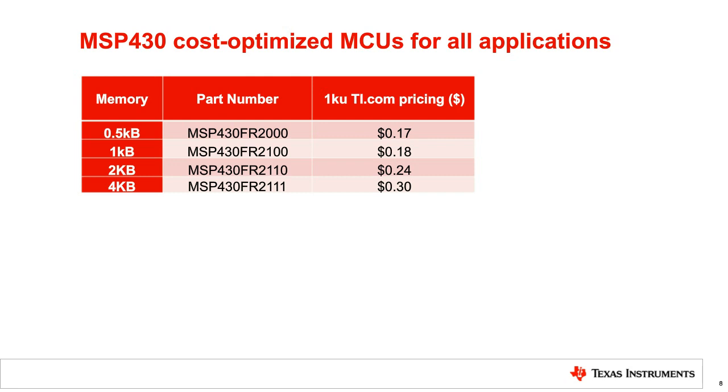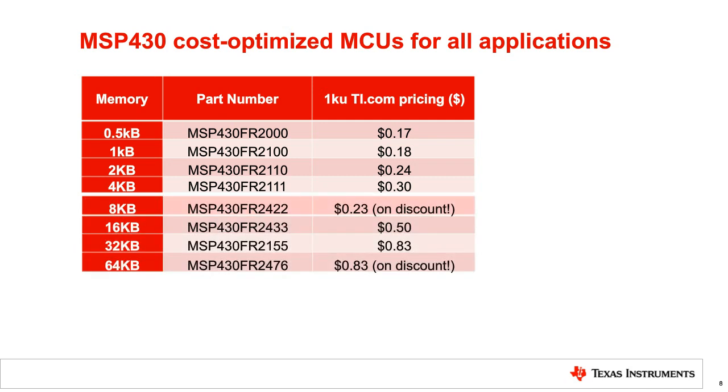But purely from what you can go and buy today, these are the kind of price points that you're looking at. And then say you needed to implement a few more functions, like in our previous example, where we identified an 8K part. These devices, again, are pretty cost competitive, going up to 64 KB of memory in this family.